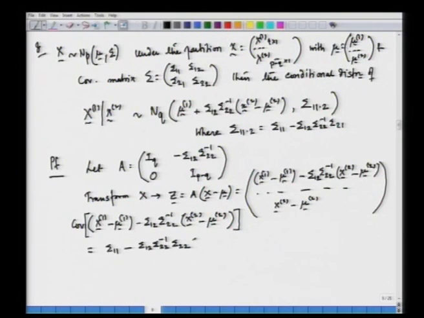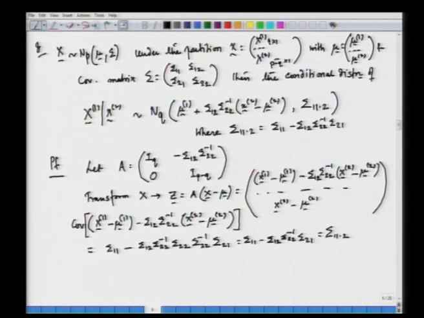So, this is now going to be Sigma_22 inverse. The transpose of this is the same thing, because this is a symmetric matrix, and the transpose of Sigma_12 is Sigma_21. So, what we have here is Sigma_11 minus Sigma_12 Sigma_22 inverse Sigma_22 Sigma_22 inverse, which gets cancelled, and we have a Sigma_21 here, for which we are using the new notation Sigma_11.2.